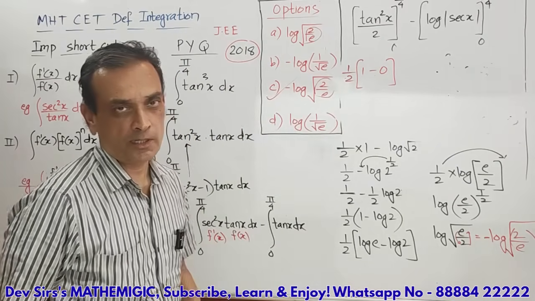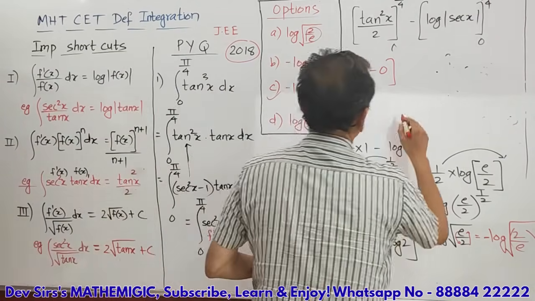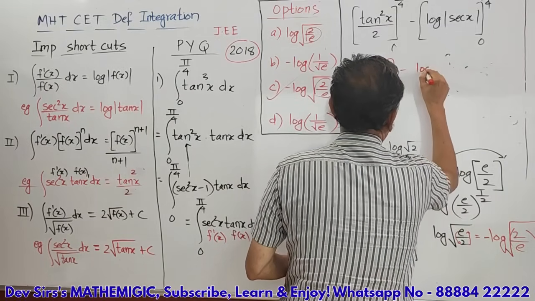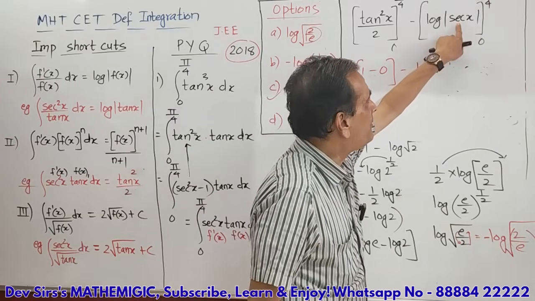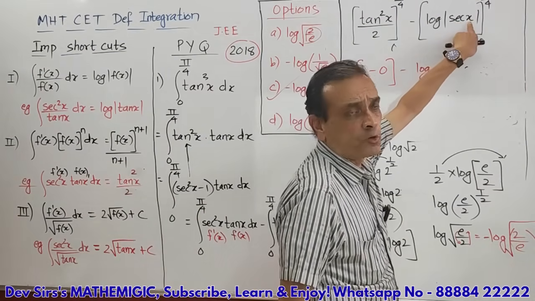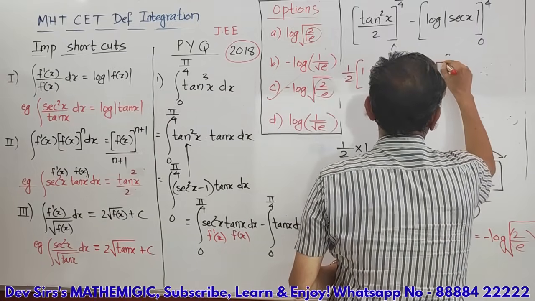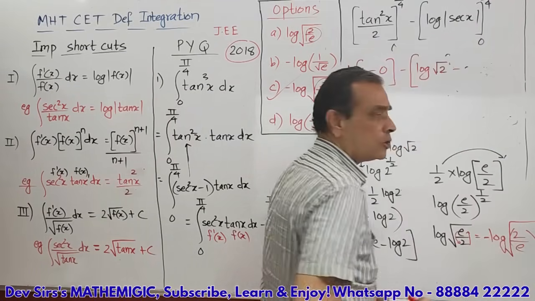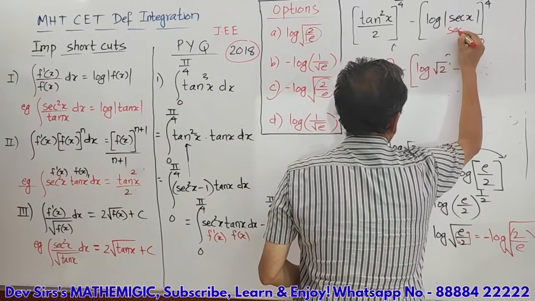All this has to be done orally, नहीं तो टाइम ही नहीं मिलेगा पेपर सॉल्व करने के लिए. माइनस do this orally. Upper limit, sec of pi by 4, sec 45 root 2, minus lower limit, log of sec 0, ये orally करना.